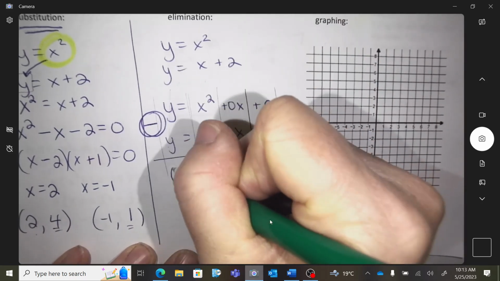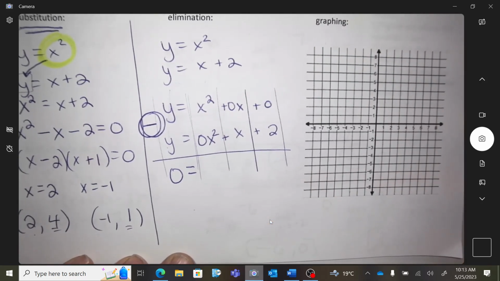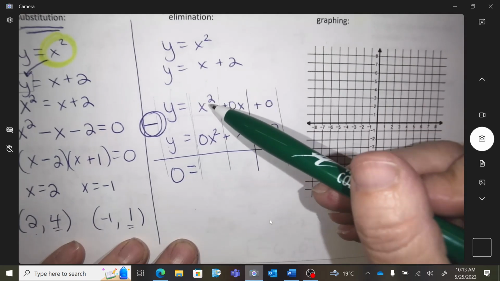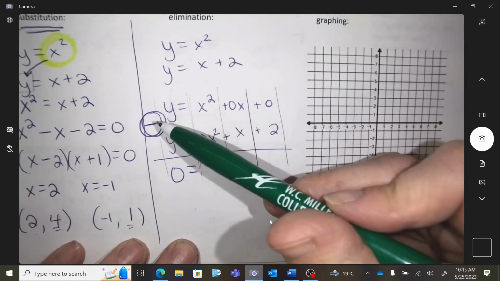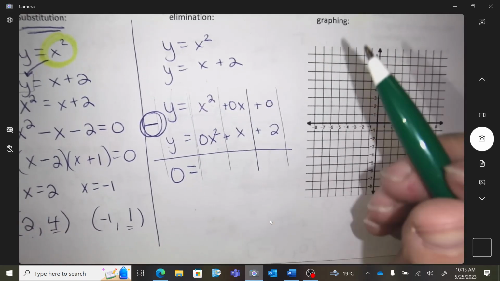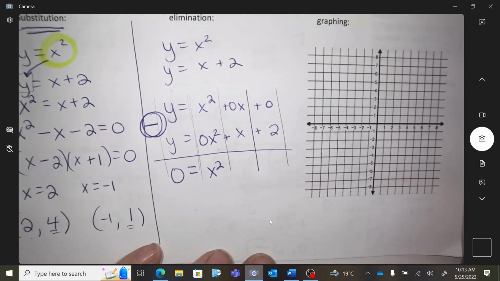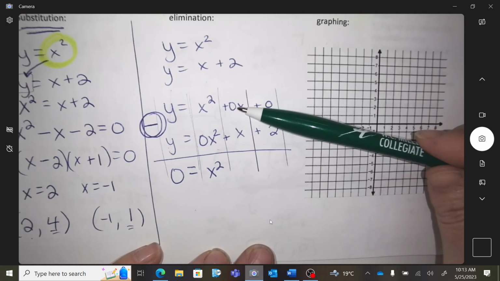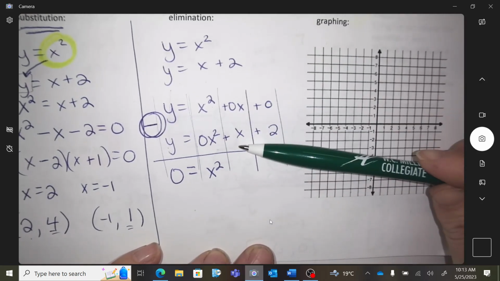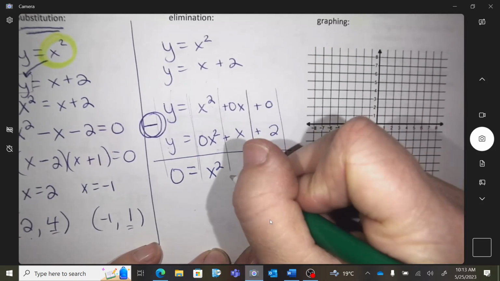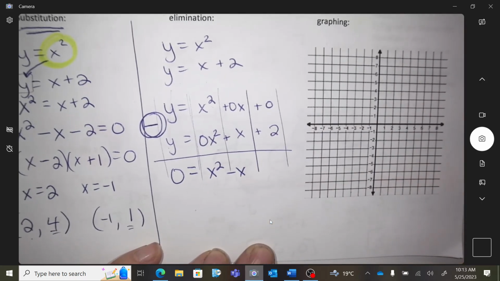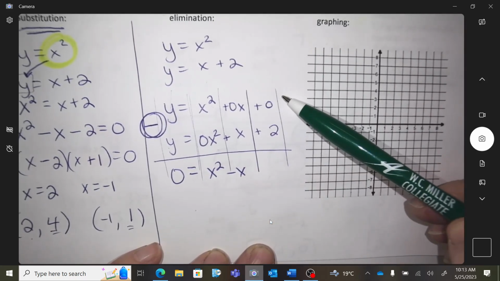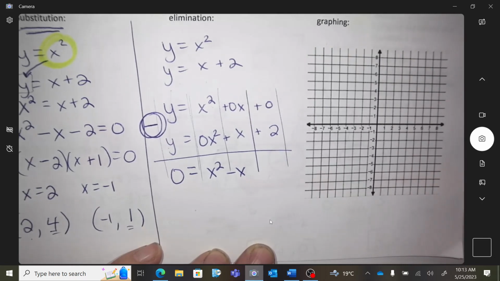So y minus y is 0. This one had an x squared in it, subtract, and then I didn't have to subtract anything, so that's x squared. This one had no x's, and then I'd have to subtract an x. This one had no numbers, subtract 2 numbers.